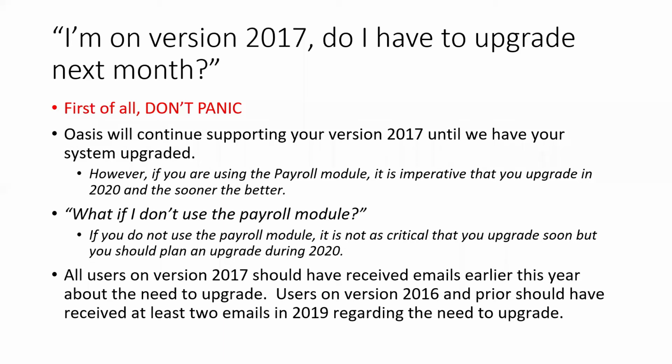And again, maybe that went to somebody last year that's no longer with your company, and you need me to send you current information, and I will be glad to do that. So basically, the bottom line is, if you're on 2017 or lower, you need to talk with us about getting your Sage 100 upgraded.